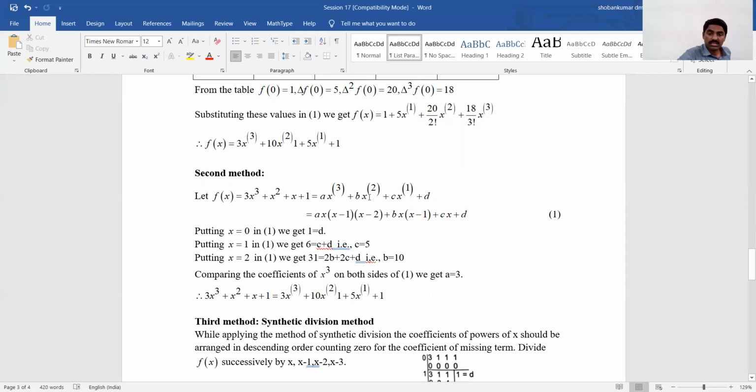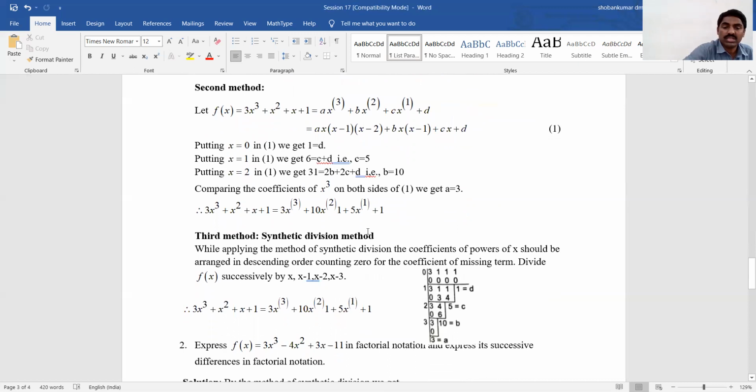Putting this in the result, we get 3x to the power 3 plus 10x to the power 2 plus 5x to the power 1 plus 1. This is the required factorial notation of the given polynomial. This is another method, and it is very simple compared to the difference method.